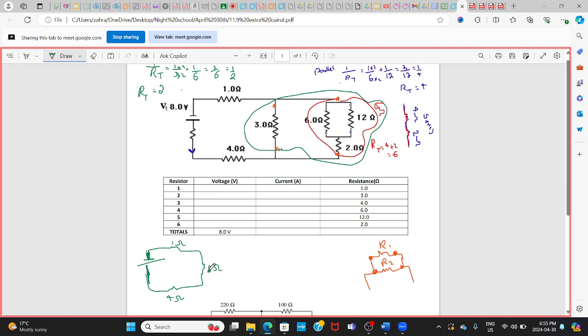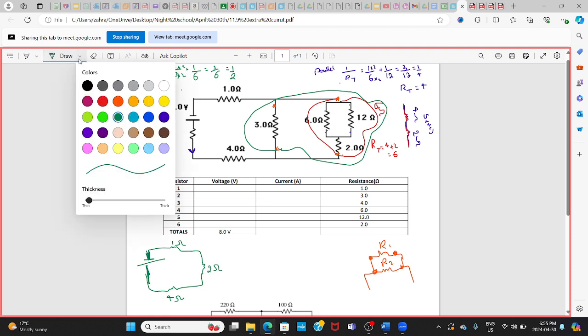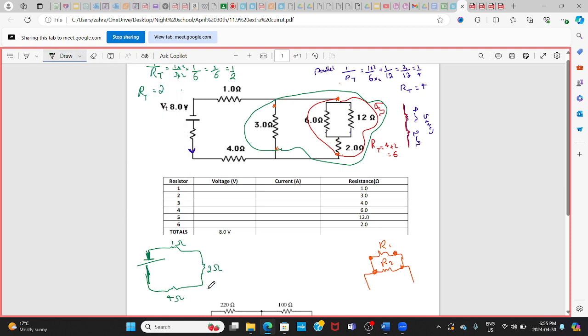So I simply add them up because they are in series. See, they are connected back to back. Here I'm going to use a different color. So our total will be 1 plus 2 plus 4 because they are back to back. 7 ohm, right?